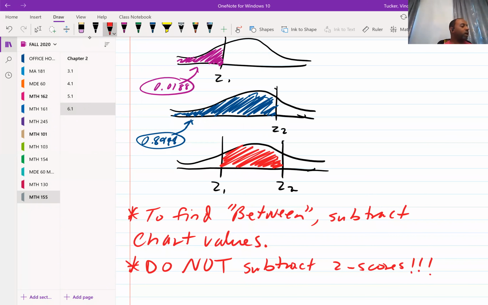Same thing with what we subtracted from 1. We subtracted, I mean not z-score, the chart value from 1.